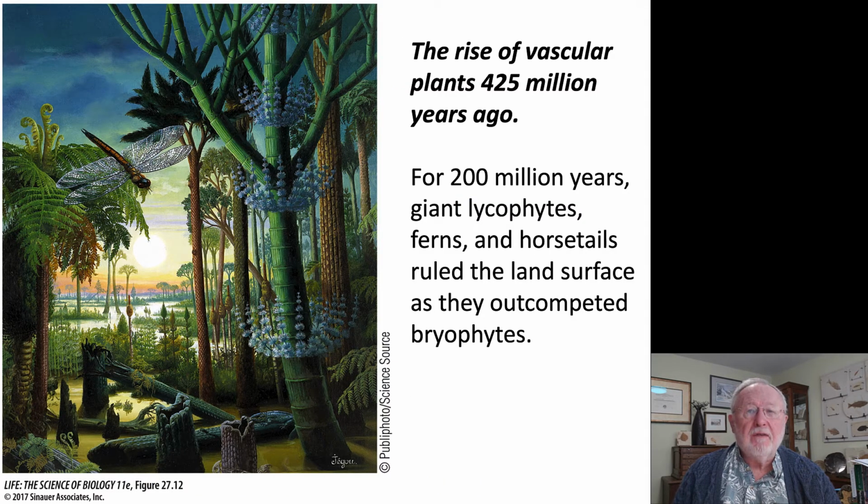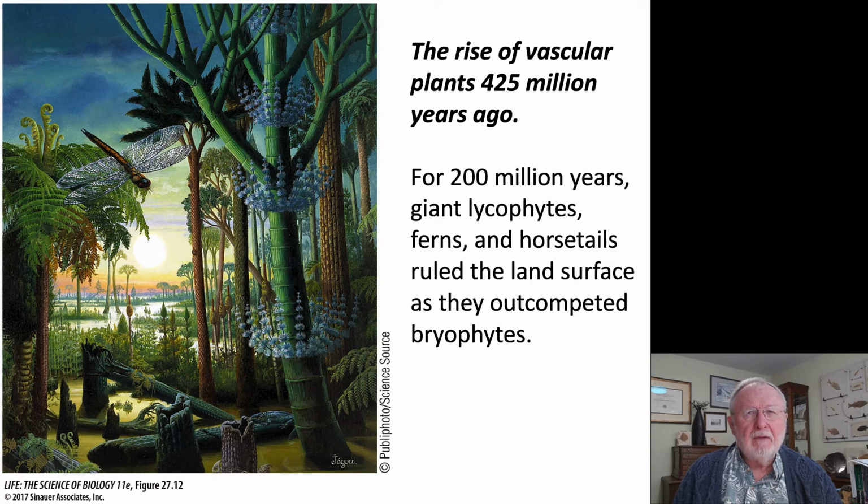So with the rise of vascular plants, 425 million years ago, the evolution of lignin creating height, we entered a very new period. Photosynthesis was much more extensive at that time.